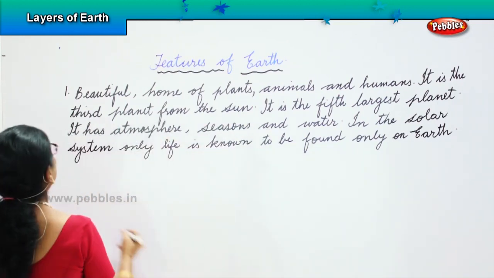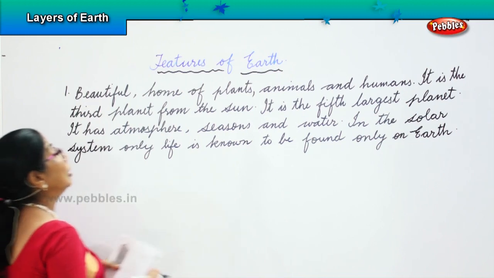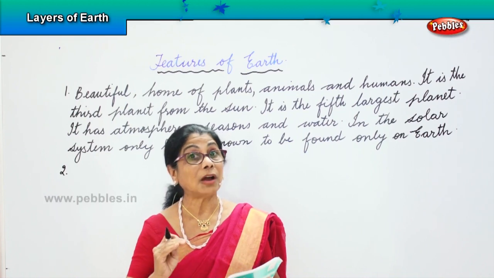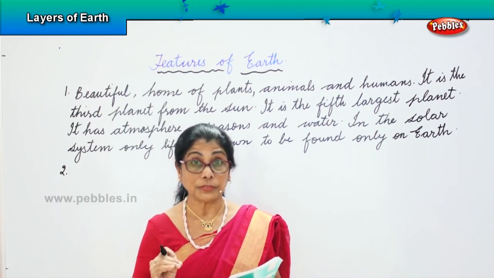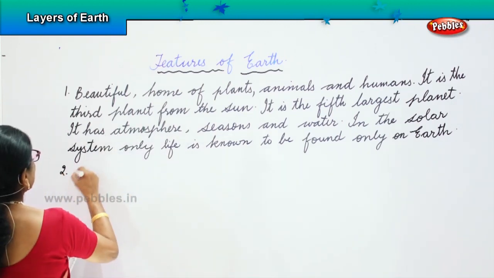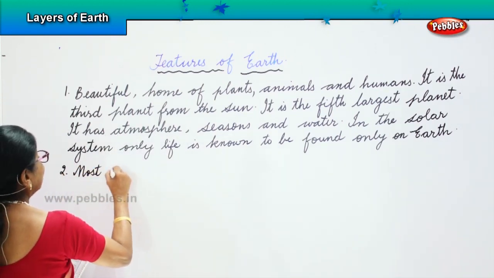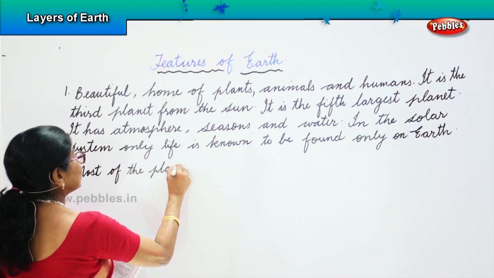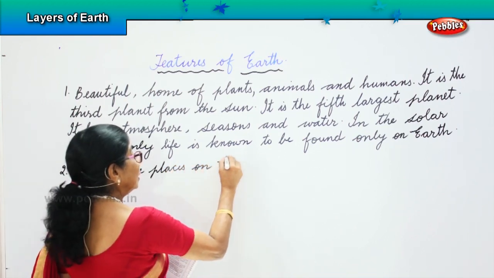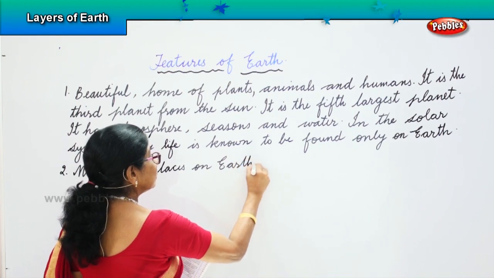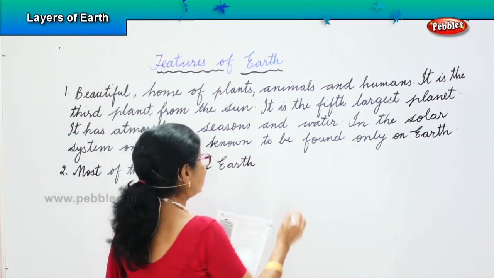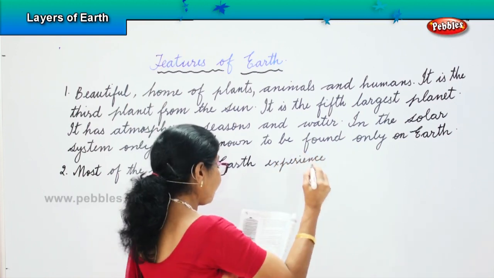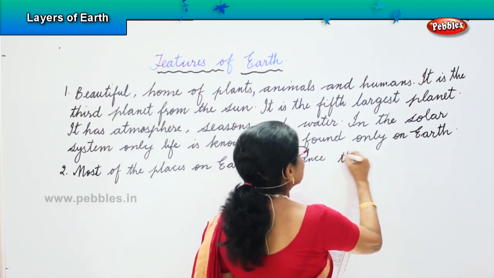Next, the second important feature of the Earth: most of the places on Earth experience 4 seasons.